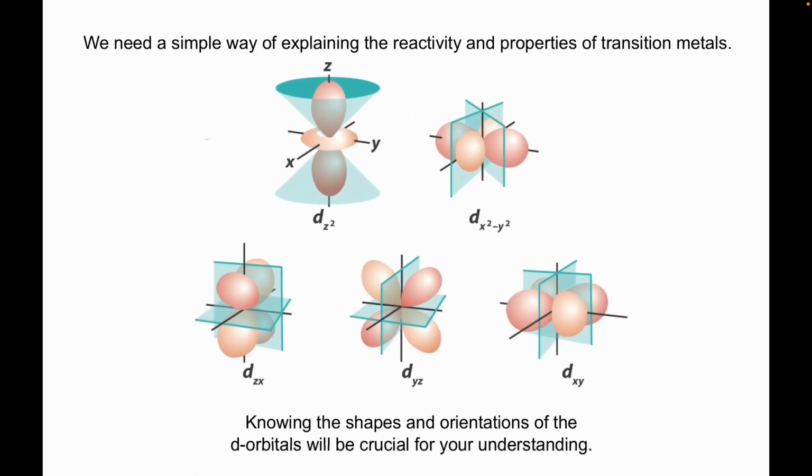And they all correspond to these different geometries. Most of them, 4 out of the 5, are these clover-shaped ones. And then you had the one weird one, which was the peanut shape with the donut around it. But these were these 3d orbitals.